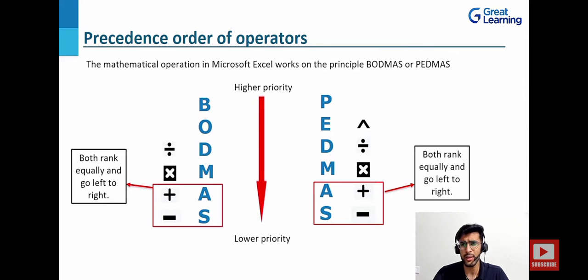BODMAS is a familiar term you might have heard: brackets, order or division, multiplication, addition, and subtraction. PEDMAS is another name, with brackets being parentheses, and an extra term that comes in is the exponent, then division, multiplication, addition, and subtraction, right?